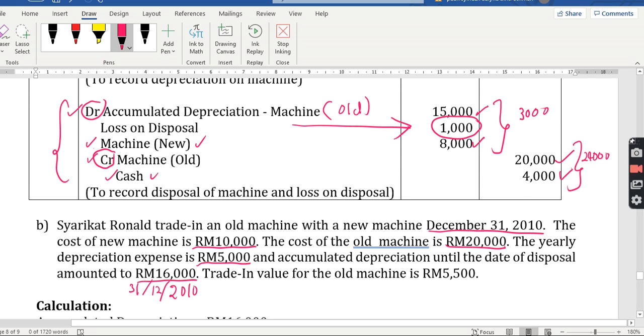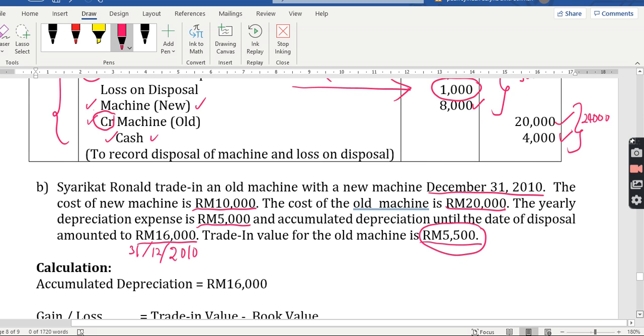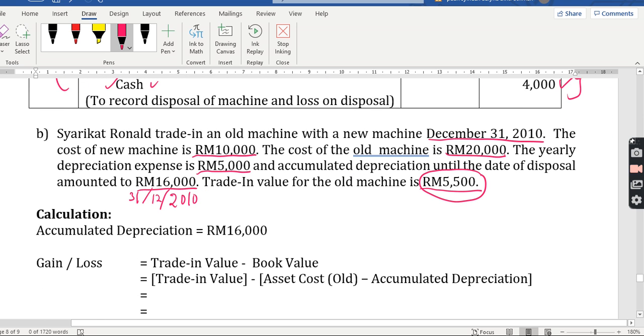Semasa I nak jual mesin lama to get the new machine, the trade-in value I receive for the old machine is 5,500. You kena ingat duit tak terima tau. Ini cuma nilai yang penjual aset baru tu ambil aset lama saya. So that means dia akan mengurangkan nilai aset baru yang saya nak bayar. Alright? Okay. So I need to calculate whether I'm getting a loss or gain.